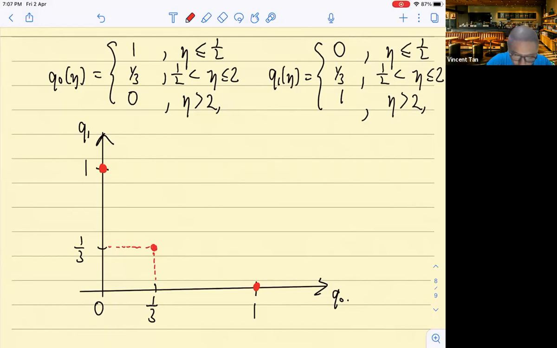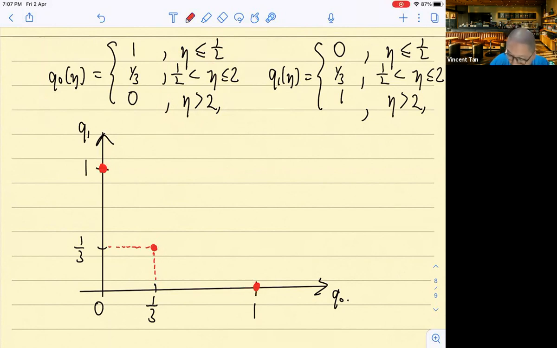These are all the points that threshold tests can achieve. For every threshold, we have found the decoding rule, and after we have found the decoding rule, we have found the 2 error probabilities given by this. We have plotted this for all thresholds, and all thresholds can only yield this.